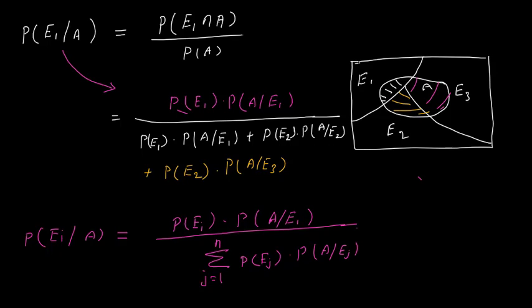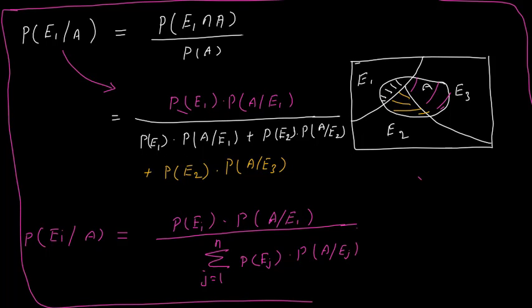So this is for n partitions. Now this I have discussed formula. For complete understanding of this Bayes theorem, you have to revise topics called conditional probability, multiplication theorem and total probability theorem. So you must have a better idea of what this Bayes theorem is.